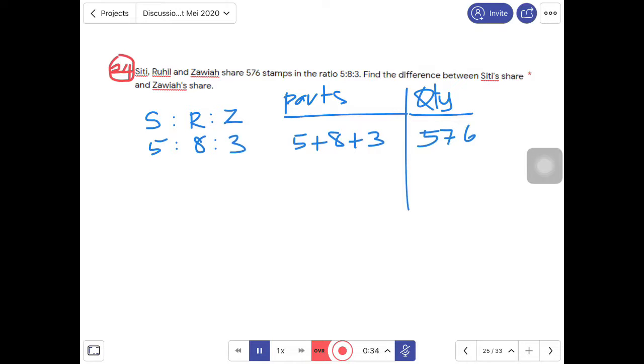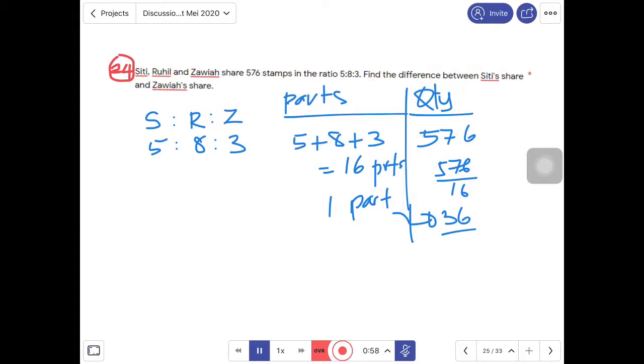Therefore from here this is equal to 16 parts. So we can calculate how much is for one part. So we get 576, you divide 16, you get one part equals 36.